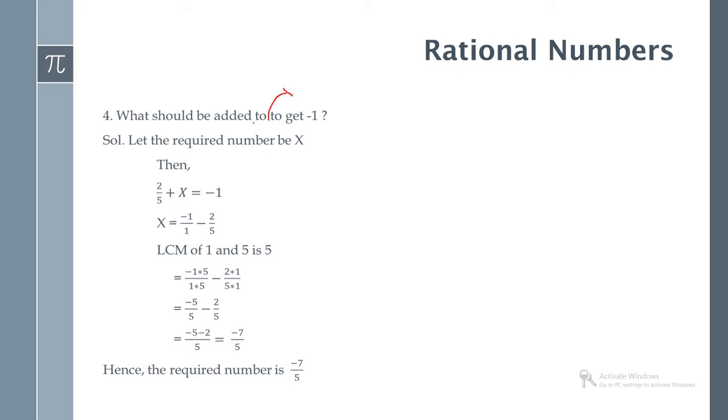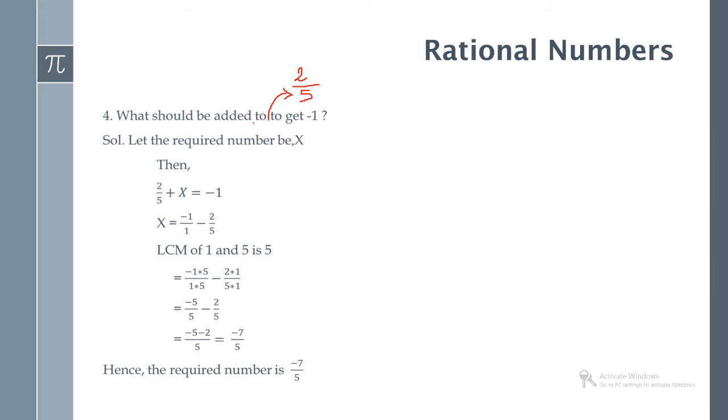I have not written it here. What should be added to 2 by 5 to get minus 1? This was the question. I made a mistake here. So, what should be added to 2 by 5 to get minus 1?